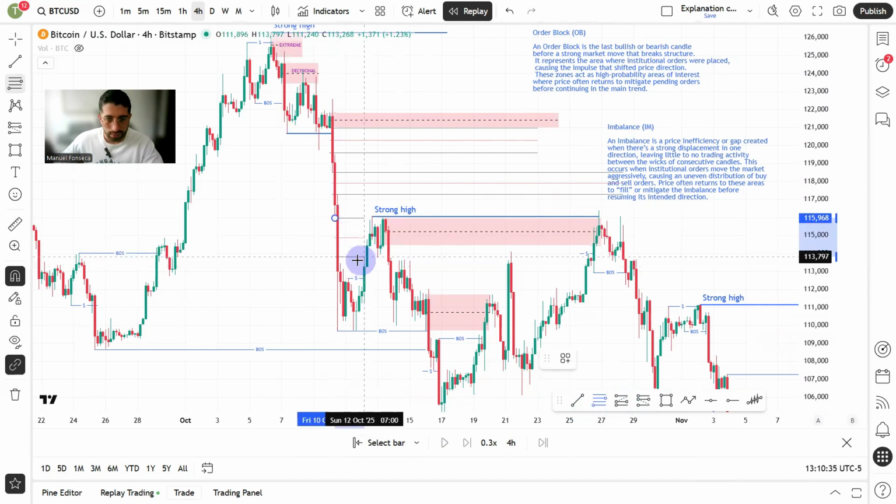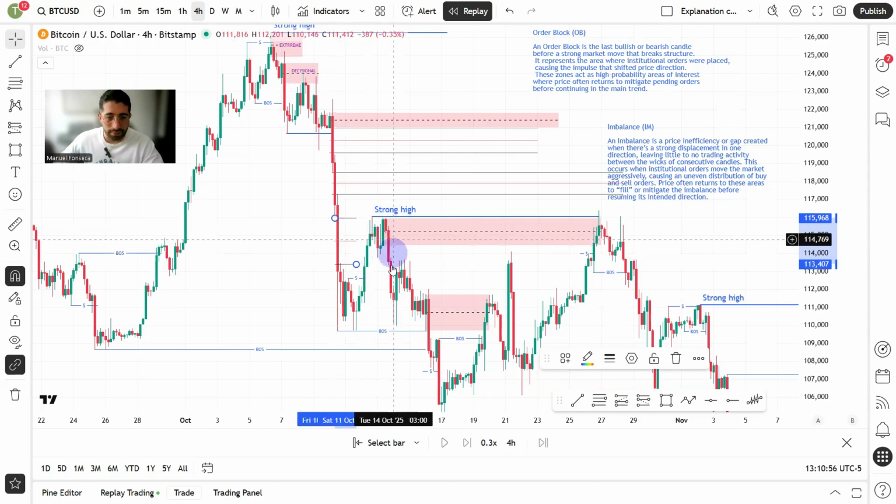Can you see it? This imbalance right here. So this 50% had a reaction. The price did have a reaction here. It completed the full gap, the full space that we had here.